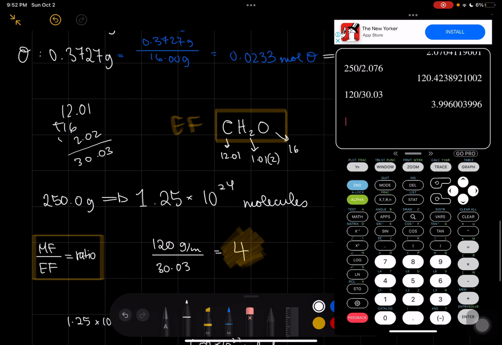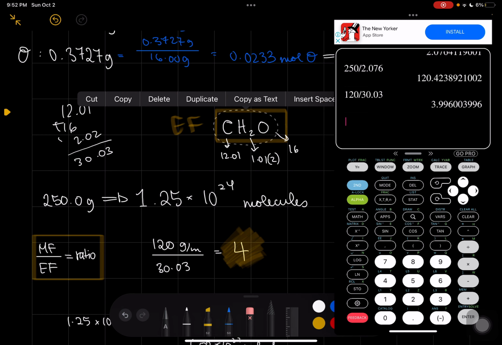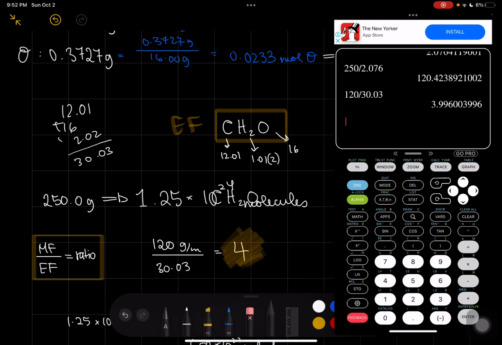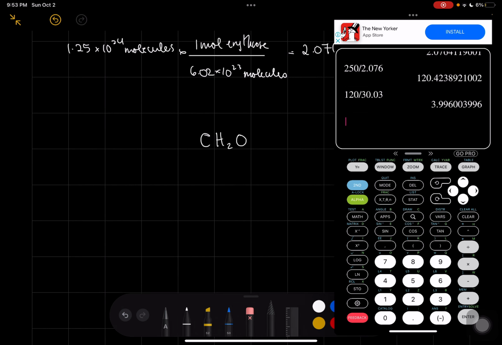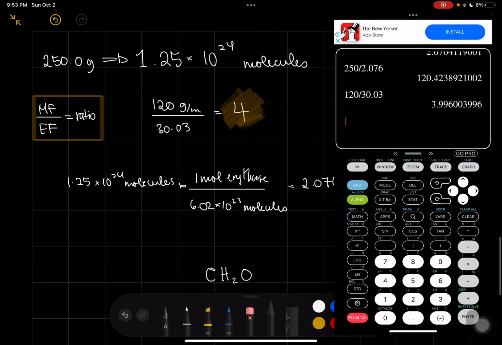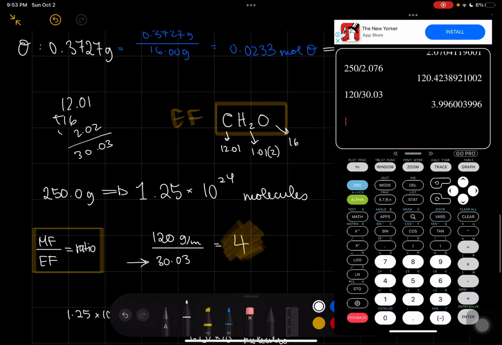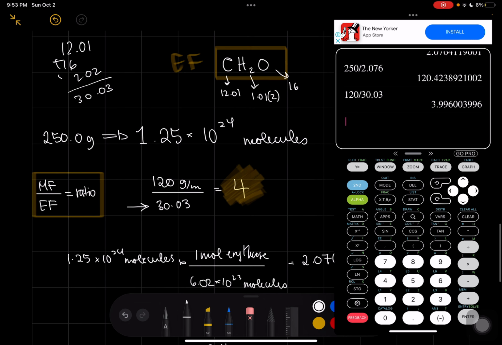So let's ratio out this little formula right here. Let's bring it down. That means for every 1 molecule of CH2O, which is our empirical formula, which you can see back over here, we have 4 of 120 of the actual molecular formula.